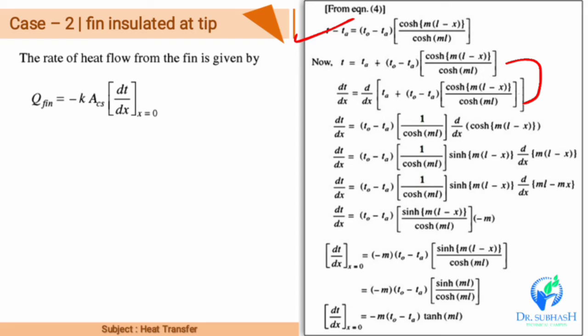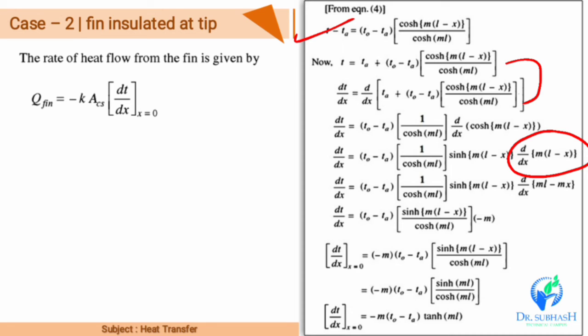We know that the derivative of cosh x is sinh x. So, here d/dx of cosh m(L - x) is sinh m(L - x). Now, instead of x here we have m(L - x), so we have to differentiate this term too, multiplying by d/dx of m(L - x).